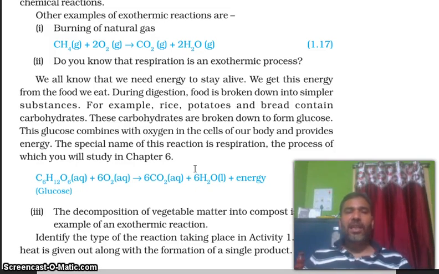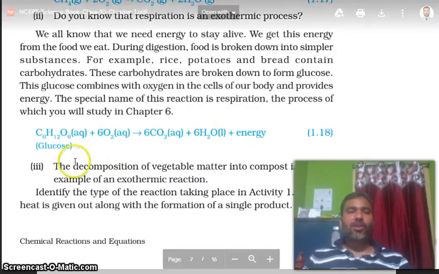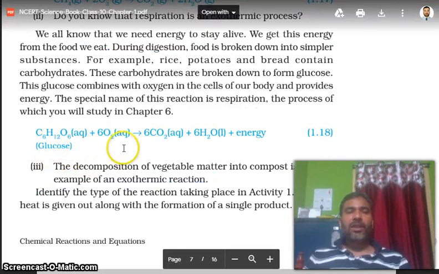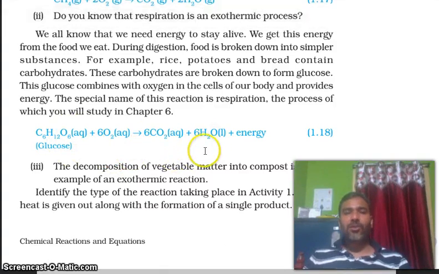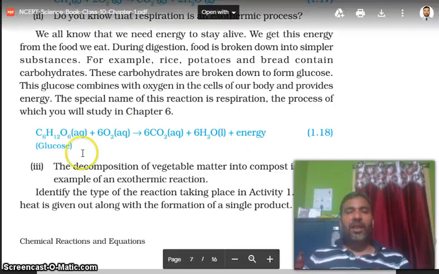The special name of this reaction is respiration, the process which we will study in the next chapters or the next video. So this is glucose reacting with oxygen. This is aqueous form. It gives carbon dioxide and H2O, and this is the indication of an exothermic reaction. With the equation, this reaction gives energy.